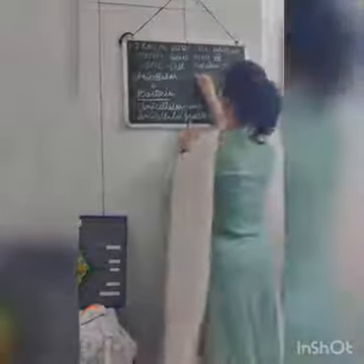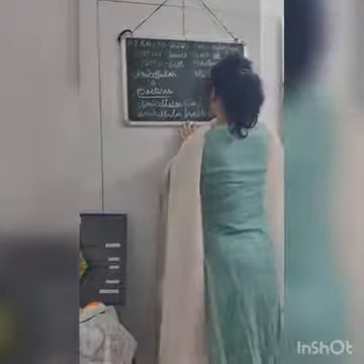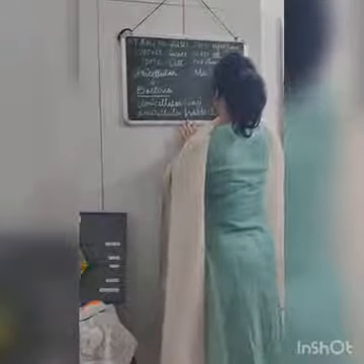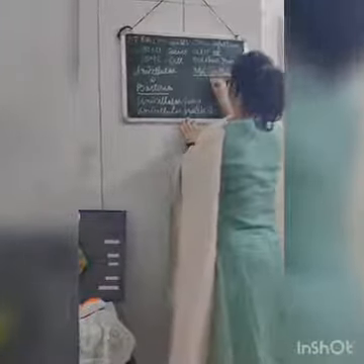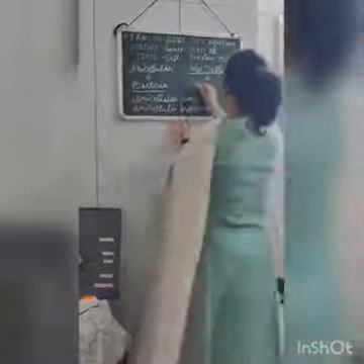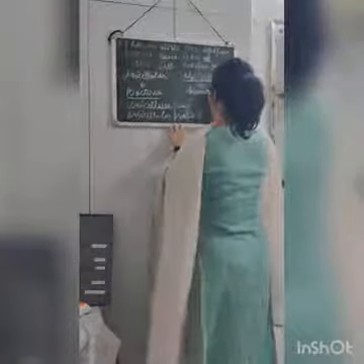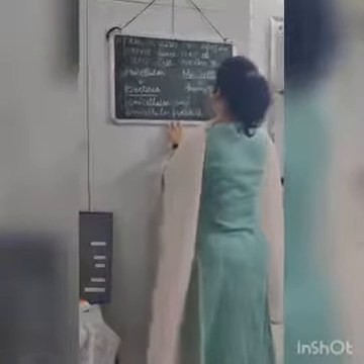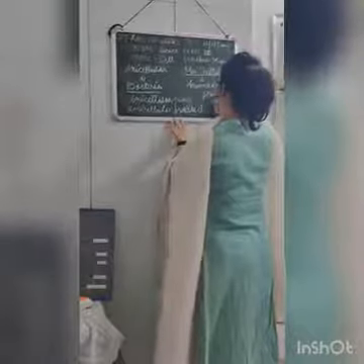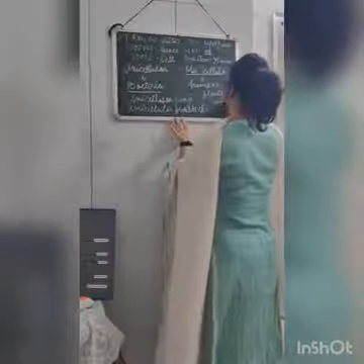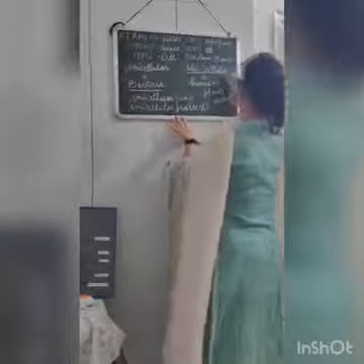Can anybody tell me the example of multicellular organisms? Humans, very good. Animals. Okay. We cannot be made up of a single cell, right? So human beings are made up of multiple cells. Humans, plants, animals, all these are the examples of multicellular organisms.